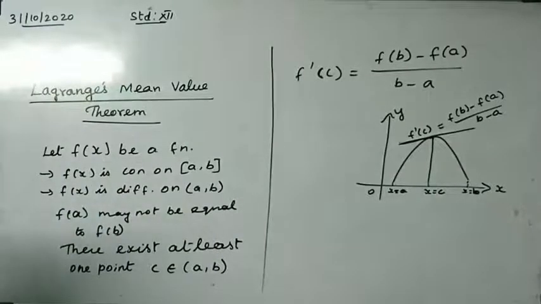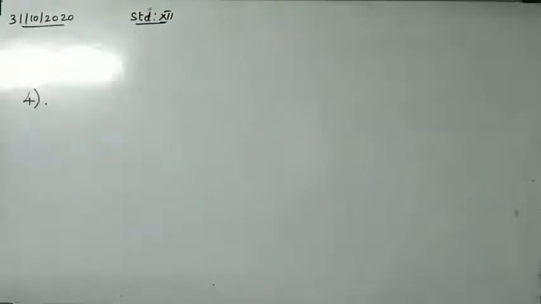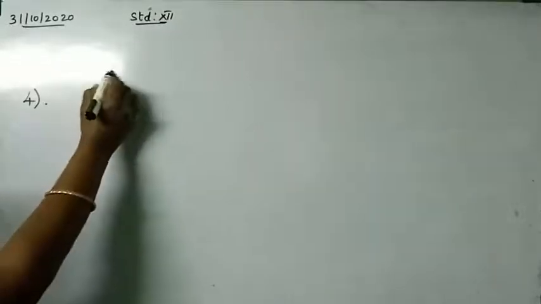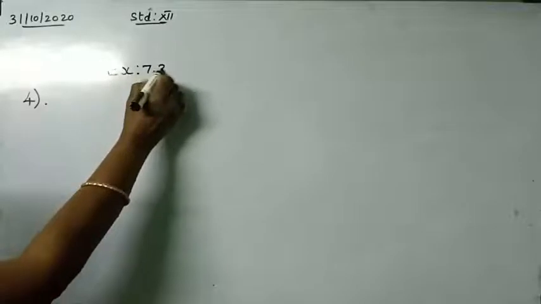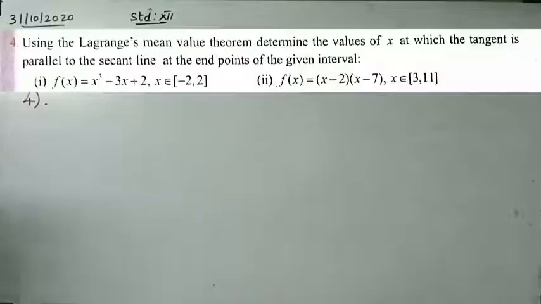By using this theorem, let us solve some of the problems. Now exercise 7.3, question number 4. Using Lagrange's mean value theorem, determine the values of x at which the tangent is parallel to the secant line at the endpoints of the given interval.